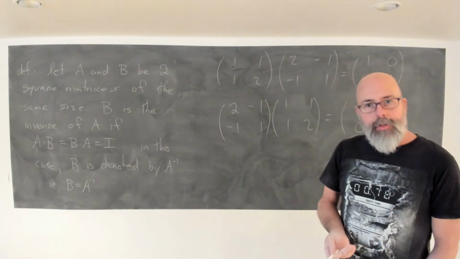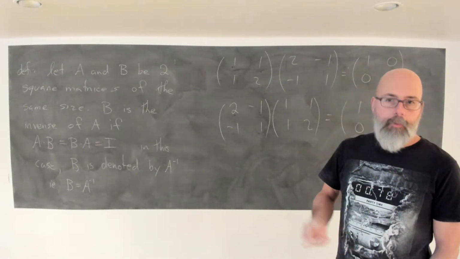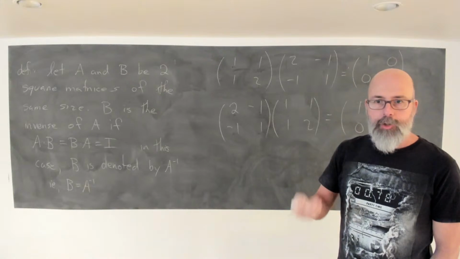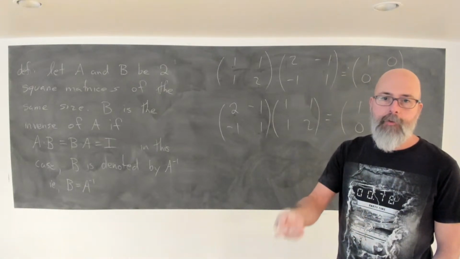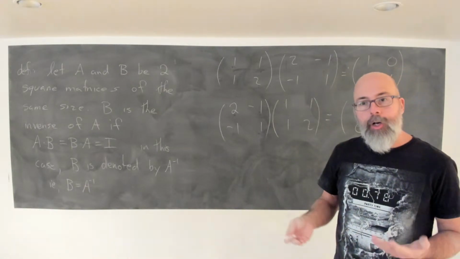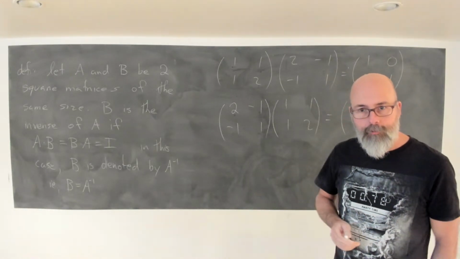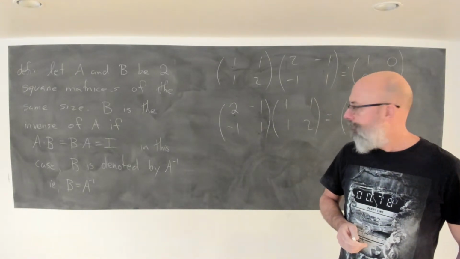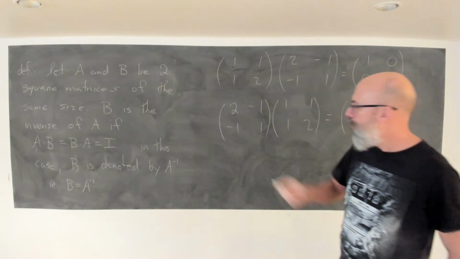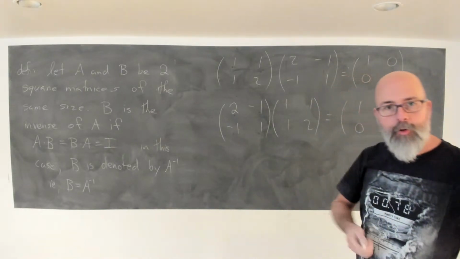Don't confuse this to mean 1 over A. That would not make sense. It's notation for the inverse matrix. Very much like f inverse is notation for the inverse function. Right, so inverse matrix, inverse function.